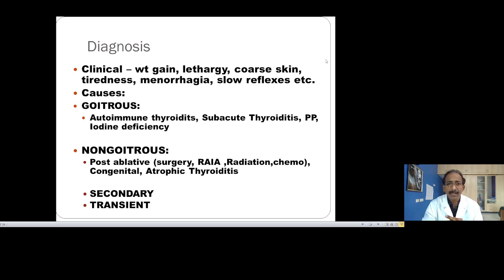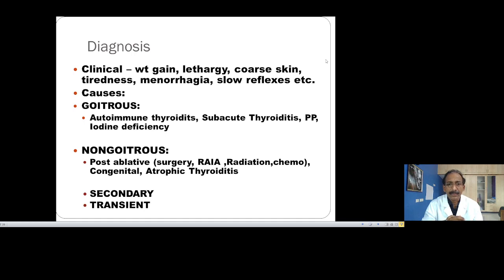Postpartum thyroiditis is painless, which occurs after delivery, especially if the patient has some antibodies, and presents classically 3 or 4 months after the delivery. And iodine deficiency is one of the commonest ones.